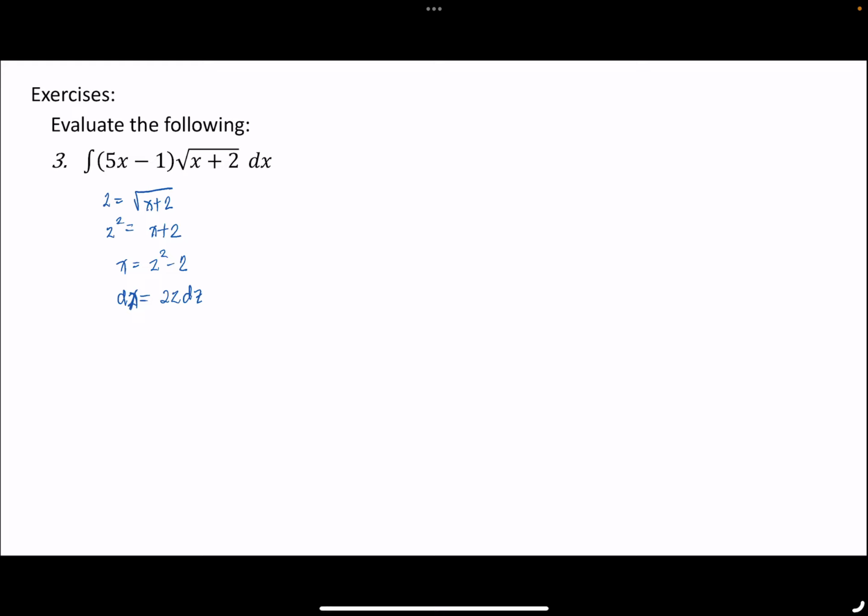So we have the integral of 5 times (z squared minus 2) minus 1, the square root of x plus 2 is z, and dx is 2z dz.